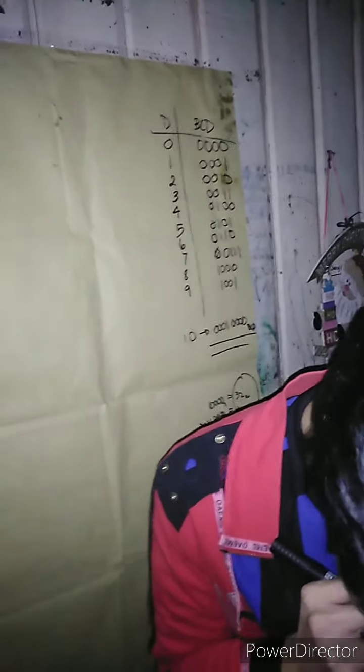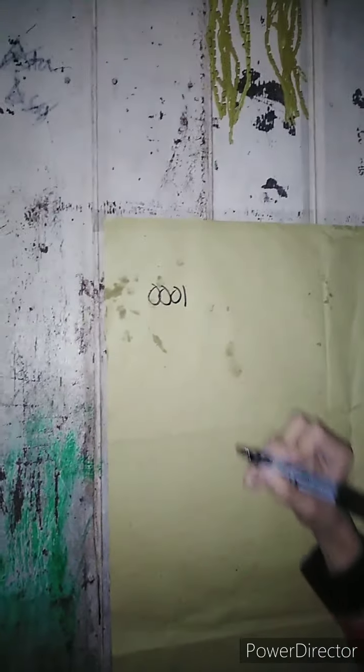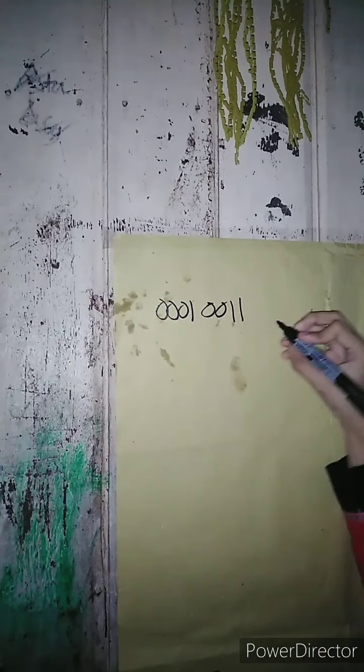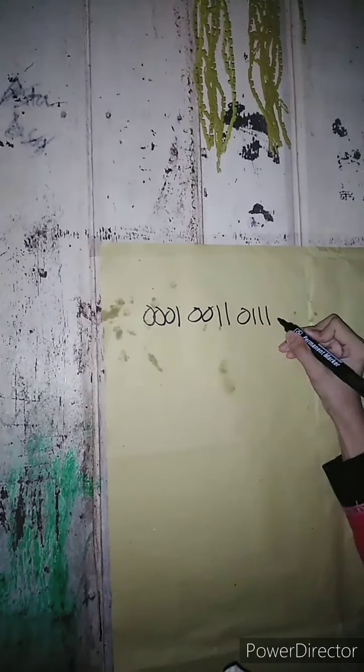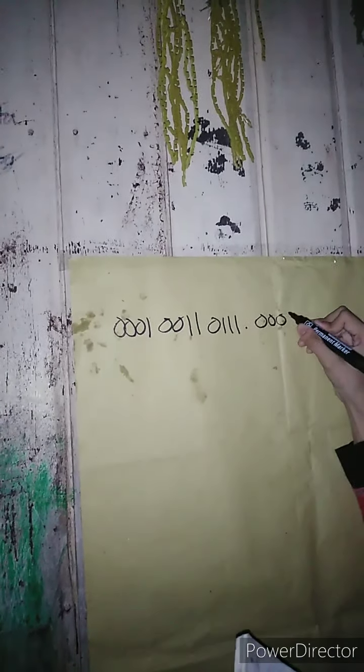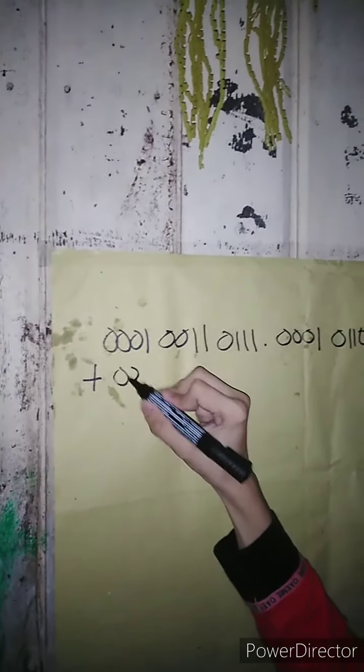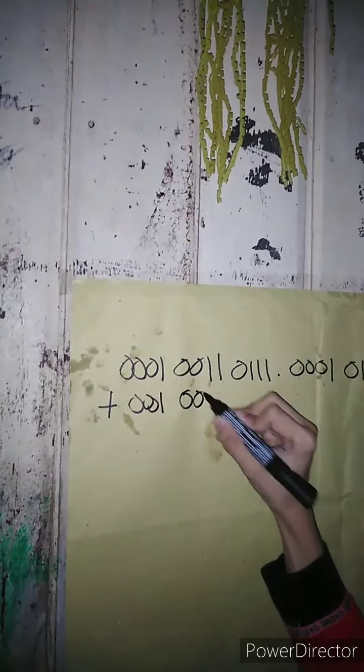So, let's try to add two BCD numbers. We have this 0, 0, 0, 1, 0, 0, 1, 1, 0, 1, 1, 1, point 0, 0, 0, 1, 0, 1, 1, 0, added by 0, 0, 0, 1, 0, 0, 0, 1.